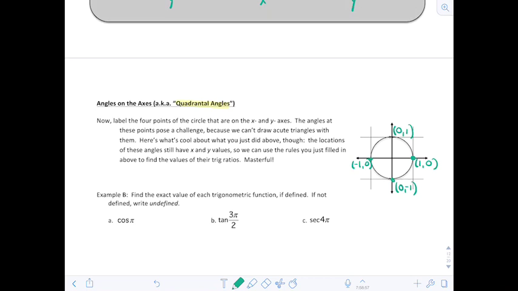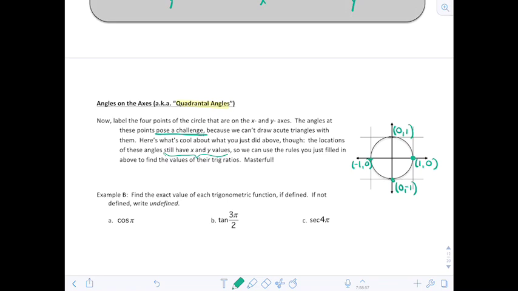The angles at these points do pose a challenge because you can't draw acute angles with them. What's cool about what we just did is the locations still have x and y values. That's all still useful. So we're going to use our new rules to find the values of these trig ratios.